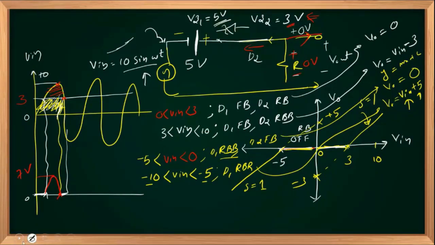So its characteristics will look like this, with 0 volts here. Input and output increase as input crosses minus 5 and 3 volts. These two levels' magnitudes correspond to the breakdown voltages of the respective diodes.